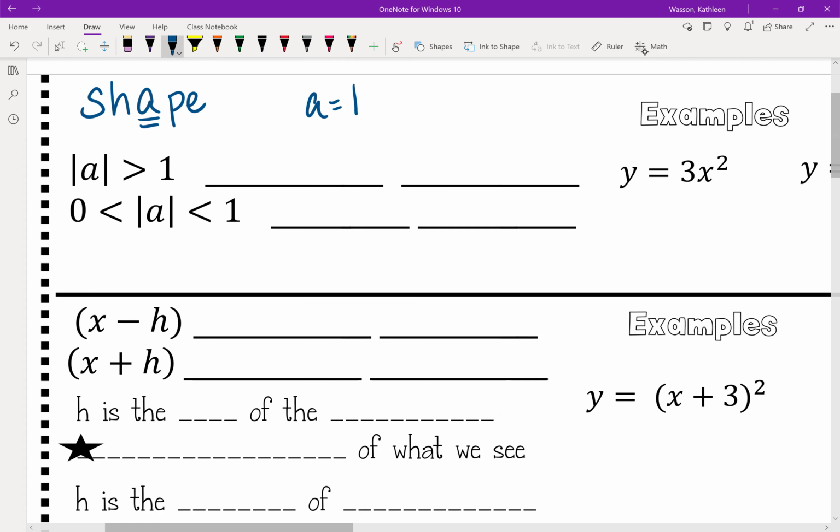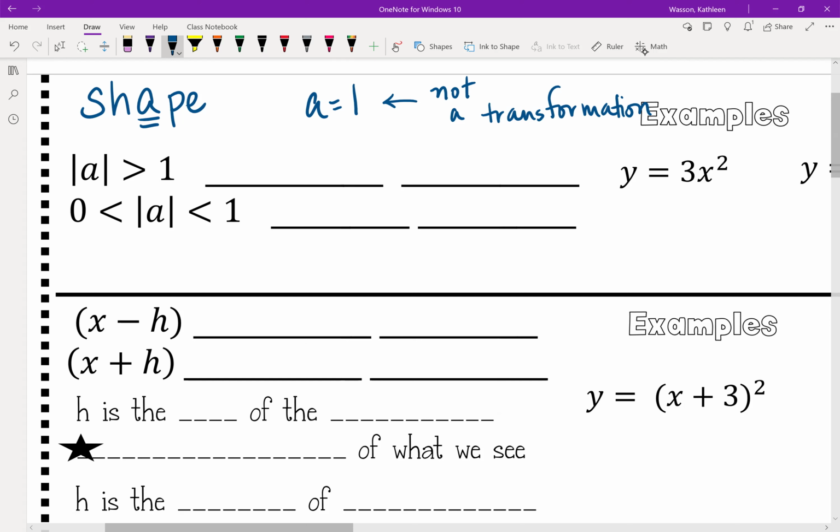So if a is 1, then there's nothing to talk about. That's not a transformation. That's the original shape. And I don't have any vocabulary to describe I didn't do anything. So you can just leave it out, or you can say no change or whatever.